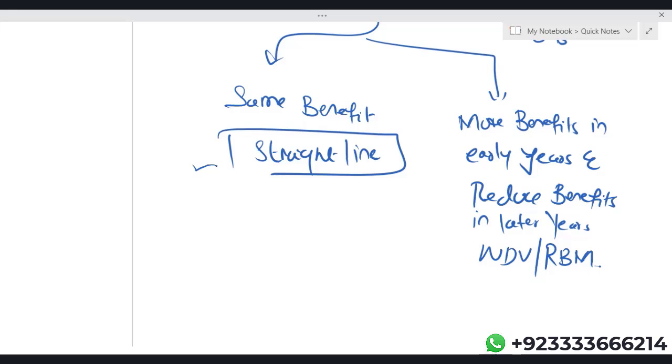A change in estimate affects the present financial statements and the future financial statements. It will not affect the financial statements of the past. It never affects them. It will have no impact on your previous financial statements.